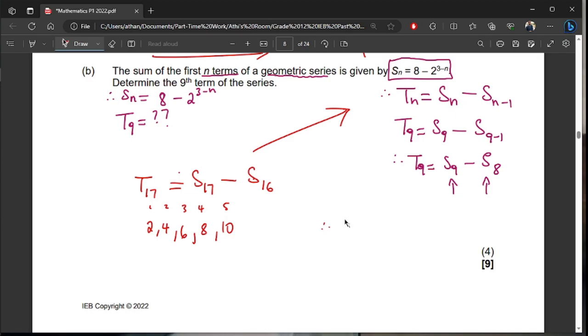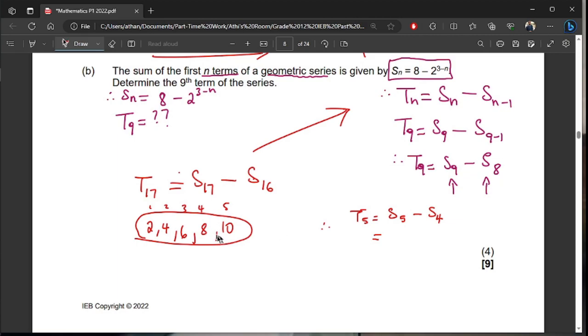Then the question says, given the formula, they give you the formula, and then they say find term 5. In order for you to find term 5, you'd say the sum of the 5 terms minus the sum of the 4 terms. So the sum of the 5 terms, meaning you have to add all 5 of them.